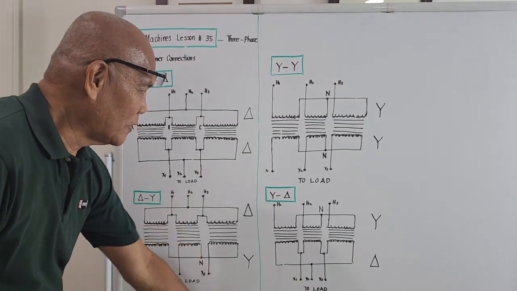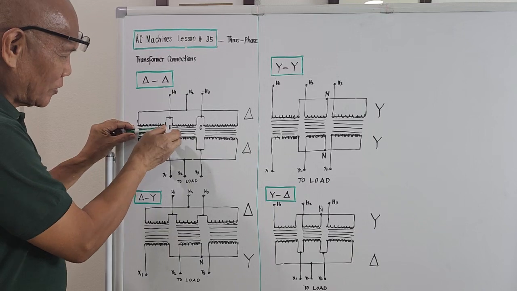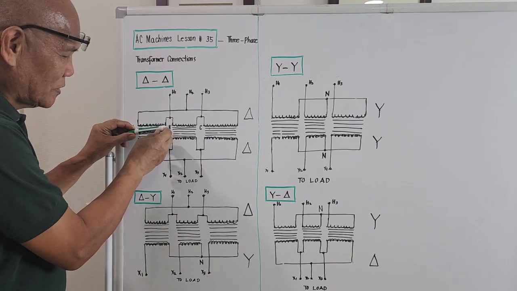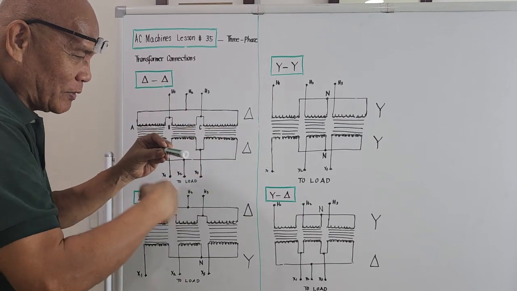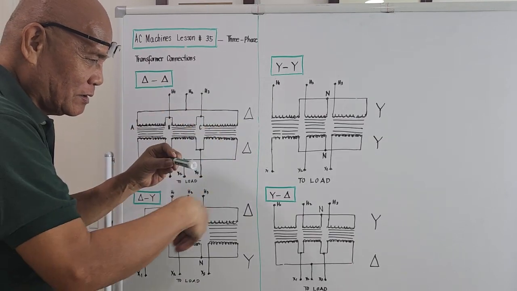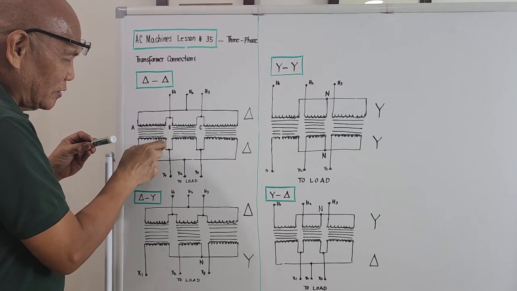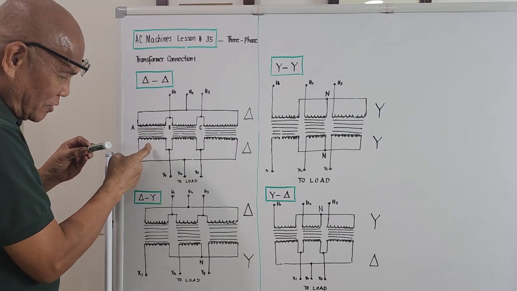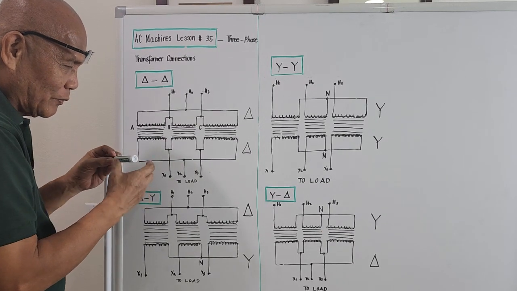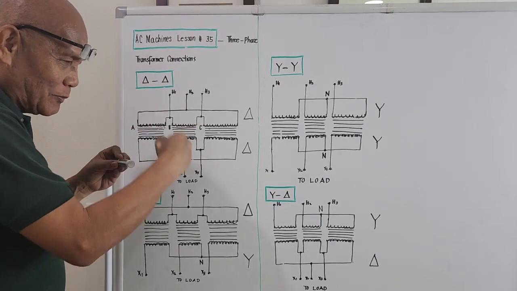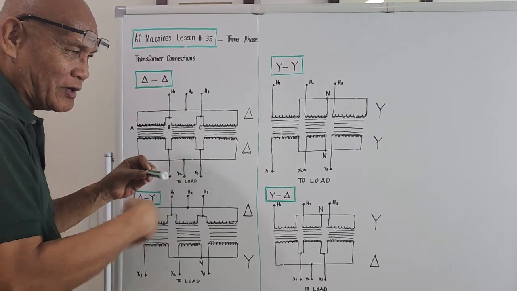If this is the core for the first phase, the first winding that will be wound will be the primary winding. Okay, it will be this one, and the match for this will be this secondary winding. The secondary winding will be wound after the primary winding is done.